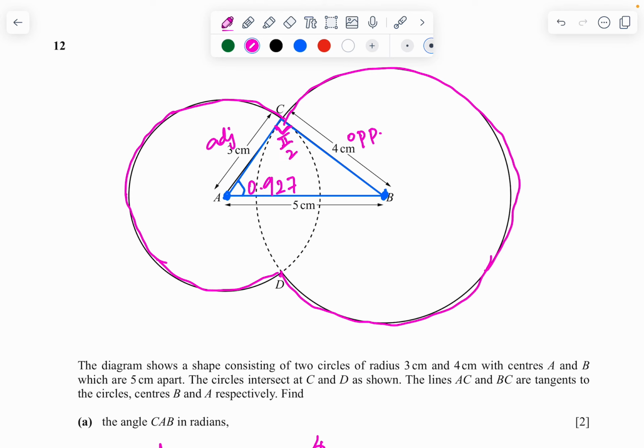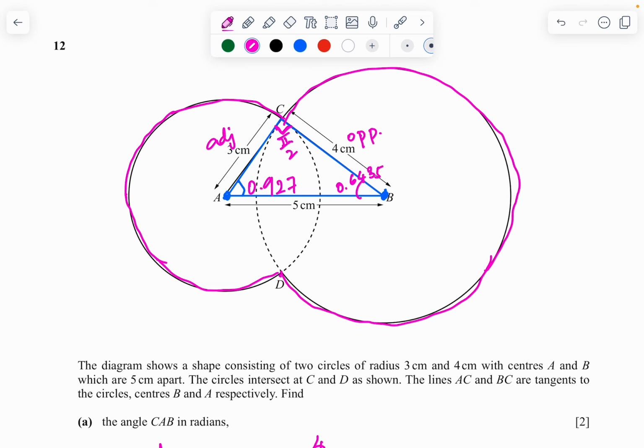So let us see how much is ABC. So pi by 2 minus 0.927 gives me 0.6435.